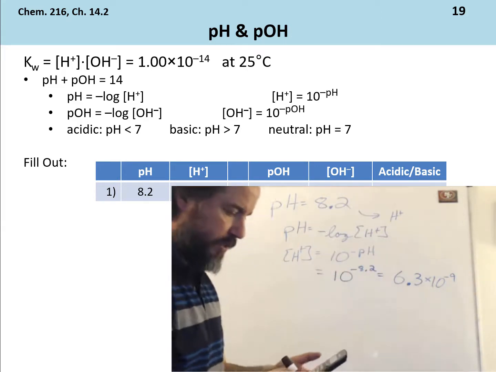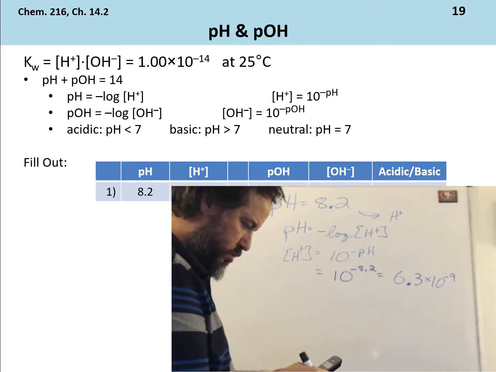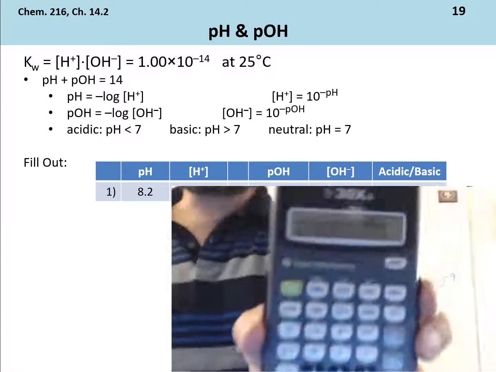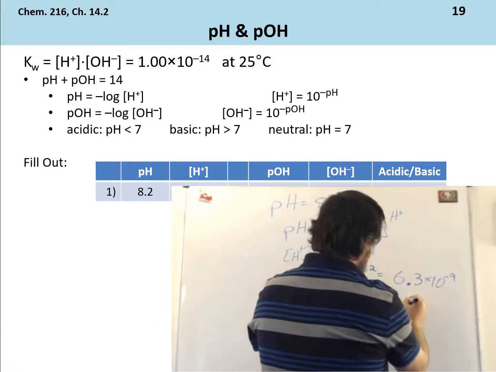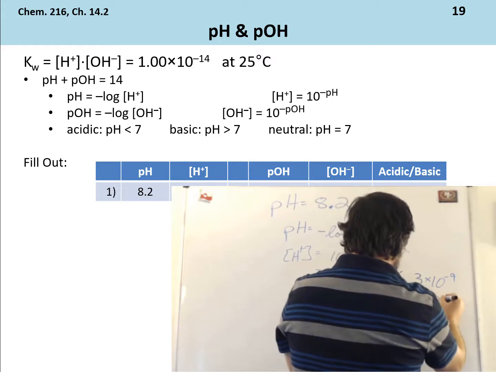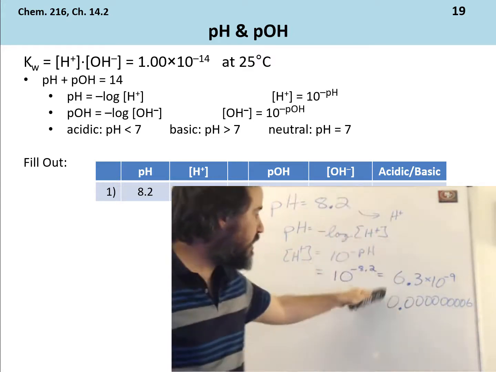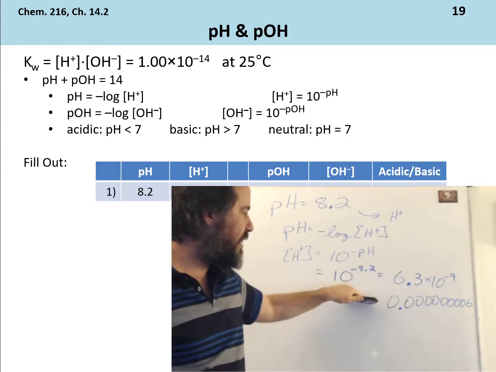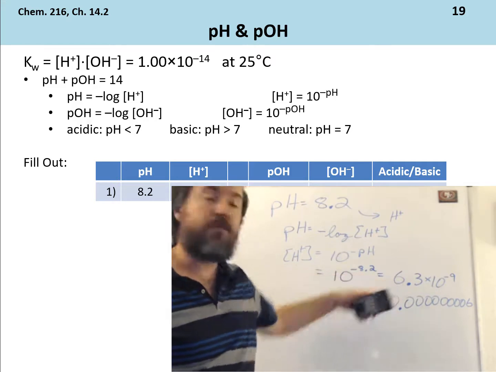Actually, if you do this on some of your calculators, you might get this answer, 0.000000006. Okay? These are the same number, but this is a horrible way to write it. We always want to use scientific notation.